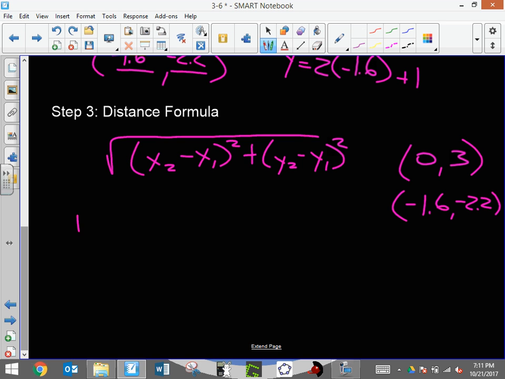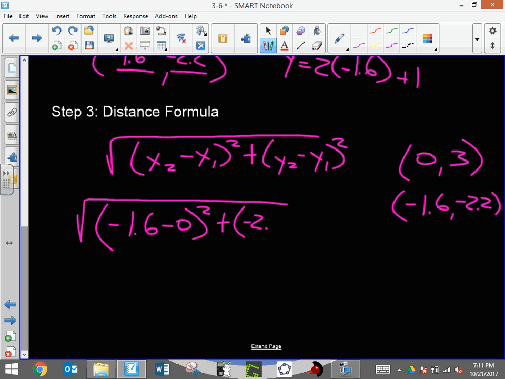So plug in our values: big square root of negative 1.6 minus 0 squared plus negative 2.2 minus negative 3 squared. When you plug all of this in, you can plug it straight into your calculator, and I would, because it's got decimals in it.